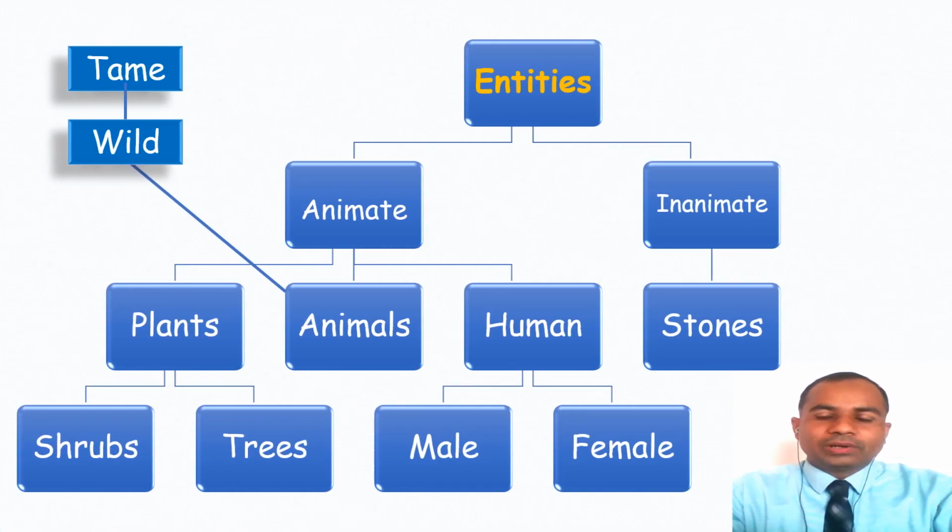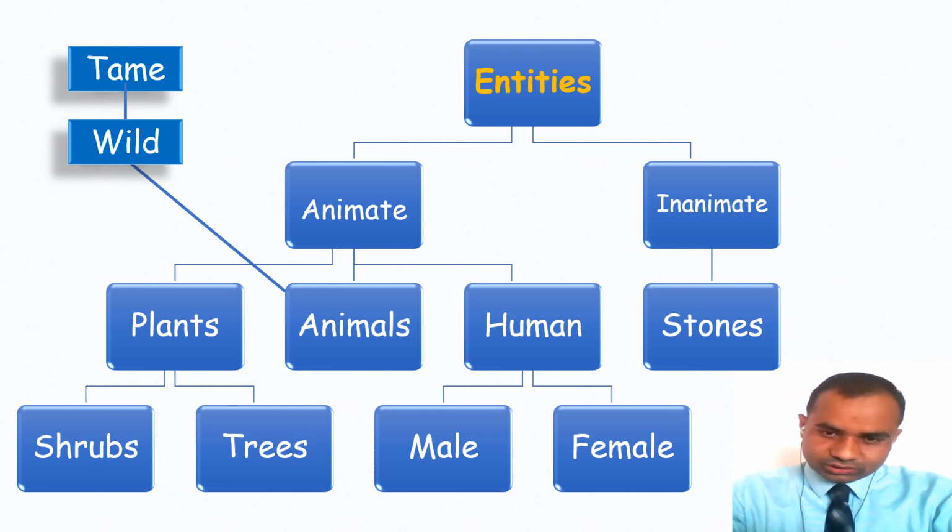So for example, here we have the entities. Entities can cover the things, objects, and everything under it. So under the entities we have animate and inanimate. Under the inanimate we have things like stones.